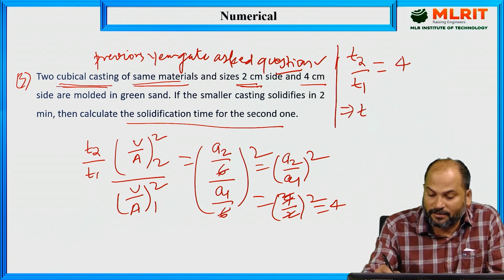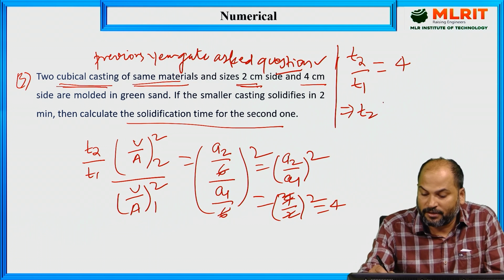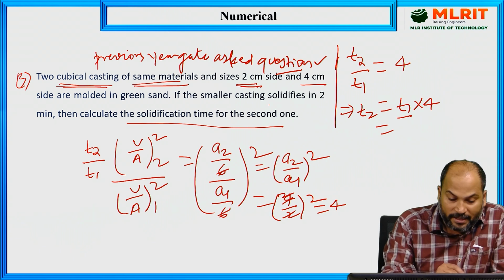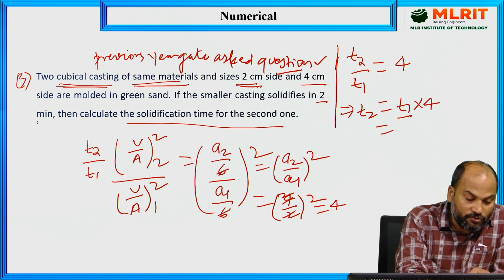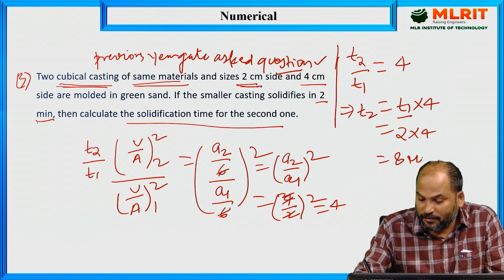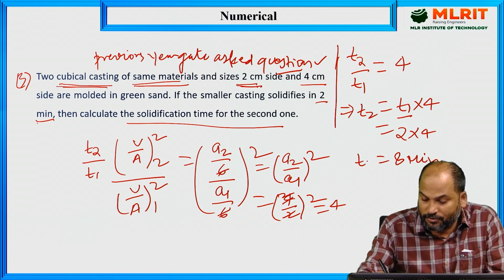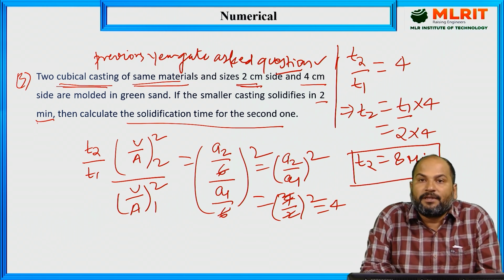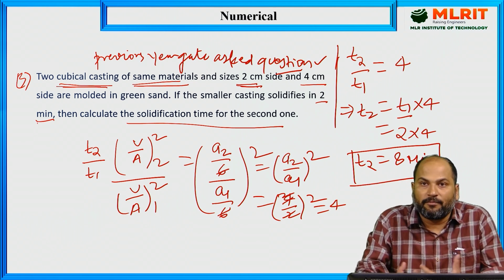This implies the solidification time of the second one is equal to the solidification time of the first one times 4, and the solidification time of the first one is given in the problem. It is 2 minutes. So this will be 2 into 4, so it will be 8 minutes. So T2 is equal to 8 minutes, meaning the second casting will take 8 minutes for complete solidification.